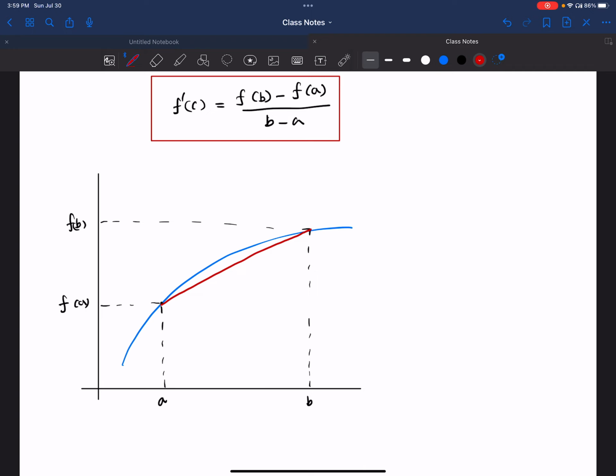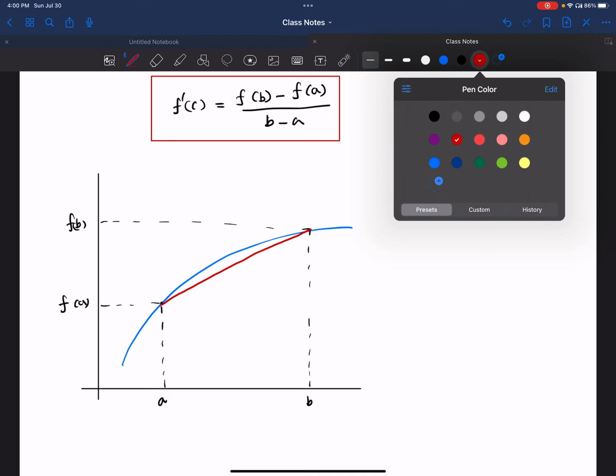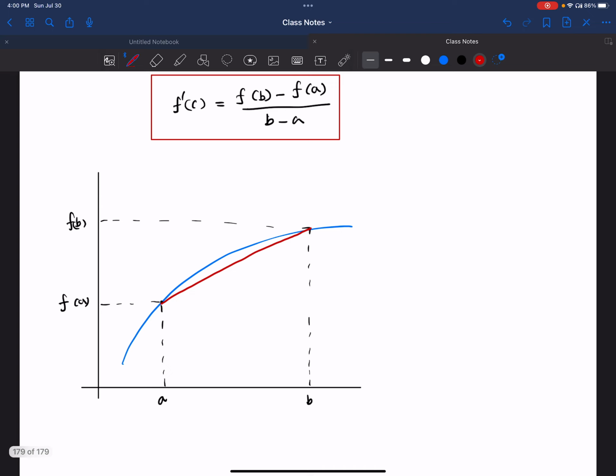And now I can draw lines parallel to this secant line. This dotted line is parallel to that, and at some point, one of these parallel lines would be tangent to the curve of the function.